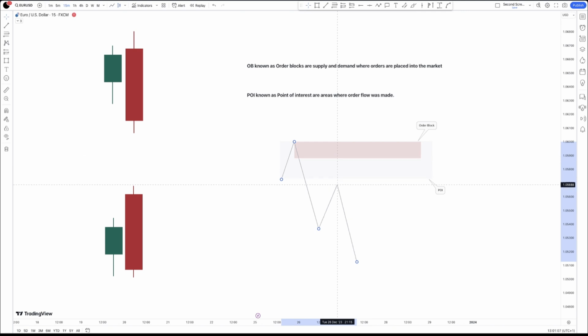You might see price come to your POI and drop, or if the price is not yet at a discount price, it can exceed to your order block before it drops. So it's very important to know this, because as we go deep into this video, you're going to see a lot of scenarios where this might be important to get.